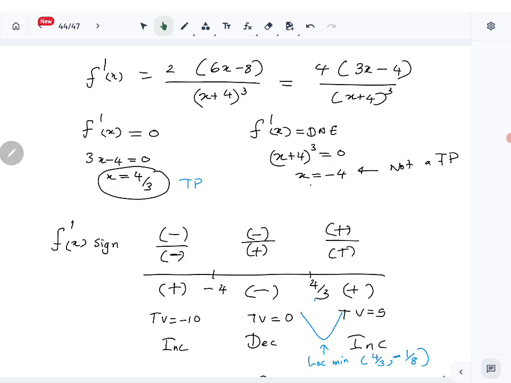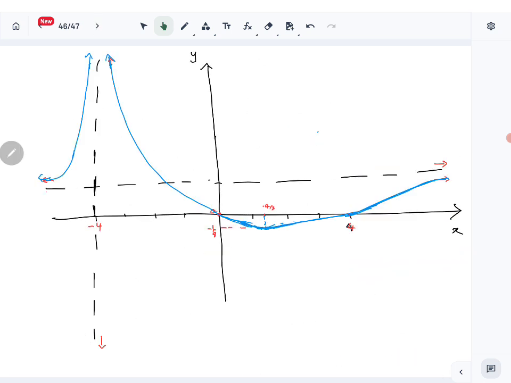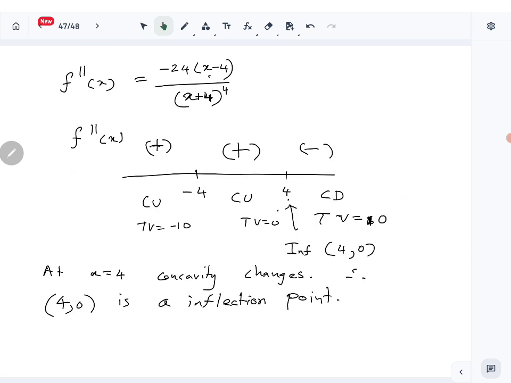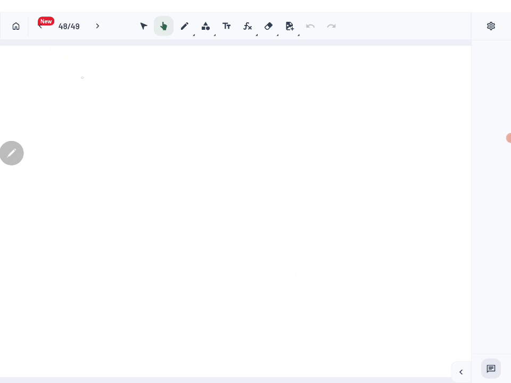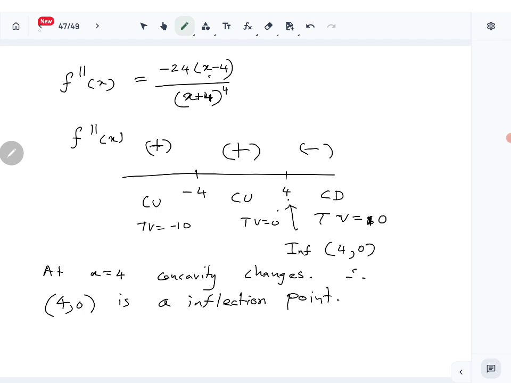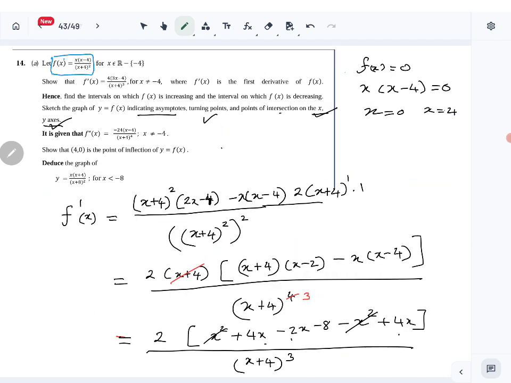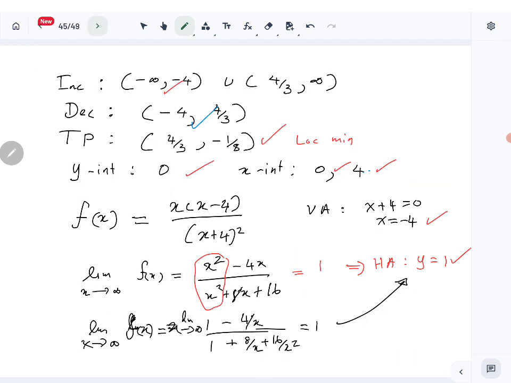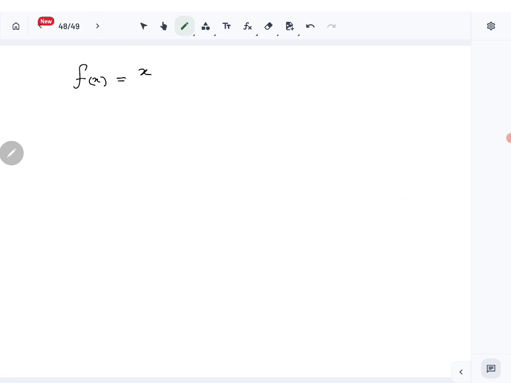Okay, so what is this? The graph we drew is of f(x), which is 4(x - 4) over (x + 4) squared. We drew it for all x values other than minus 4.